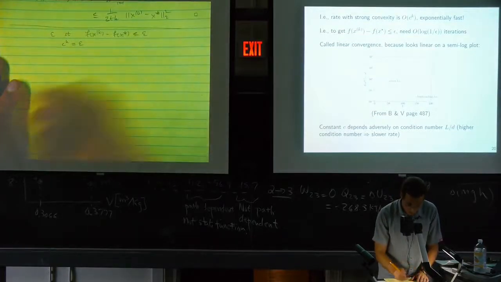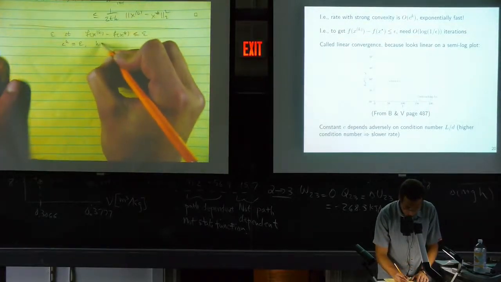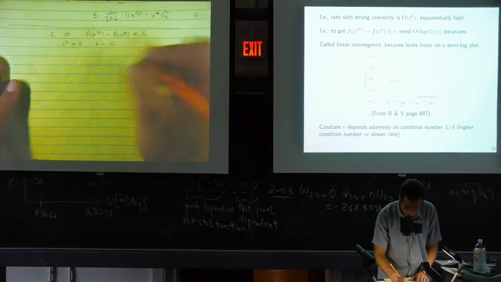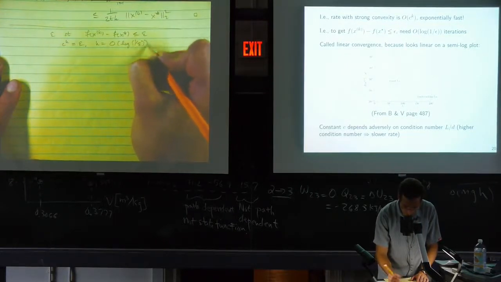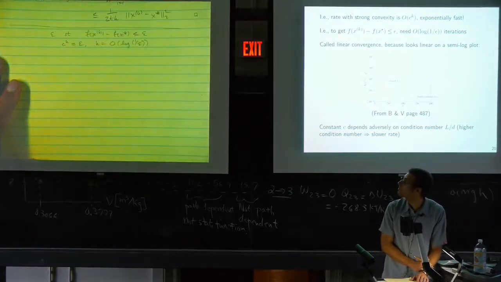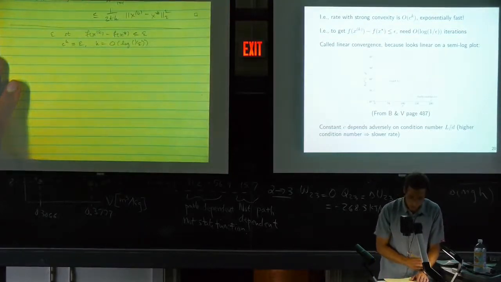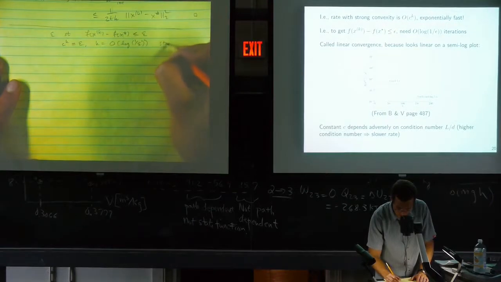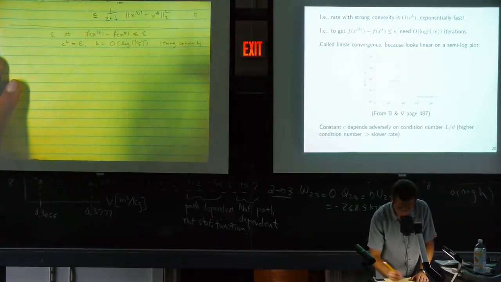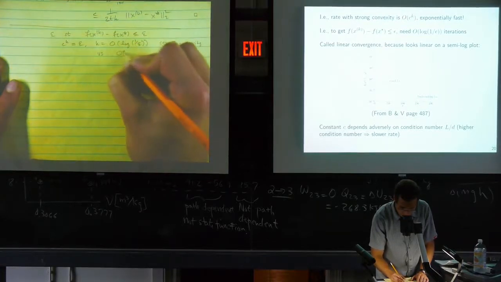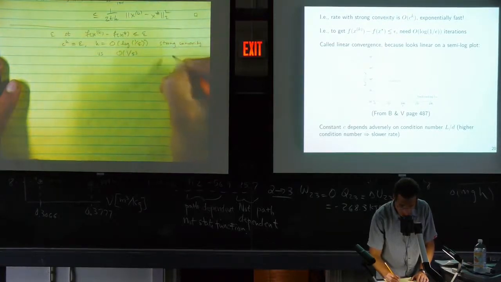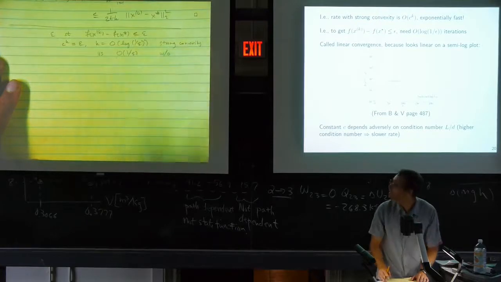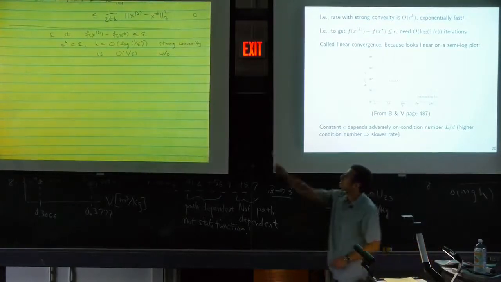In other words, I have to choose k to be on the order of log of 1 over epsilon. So this was with strong convexity, versus, remember, it was 1 over epsilon without that. So there's a really big difference here.